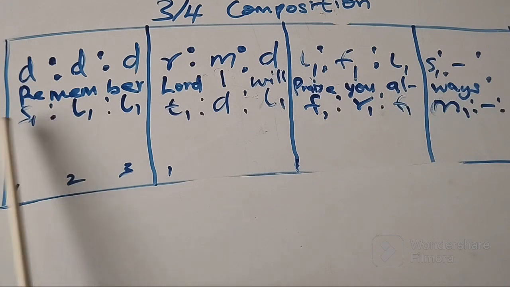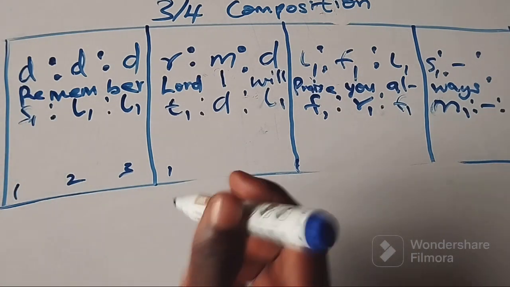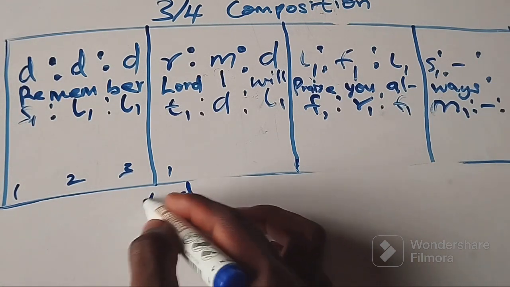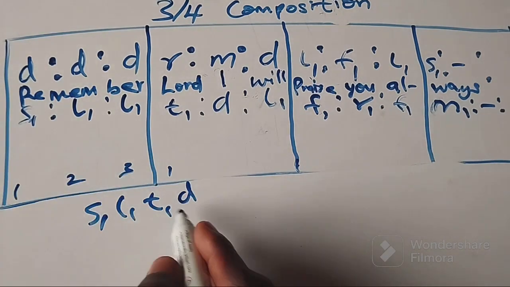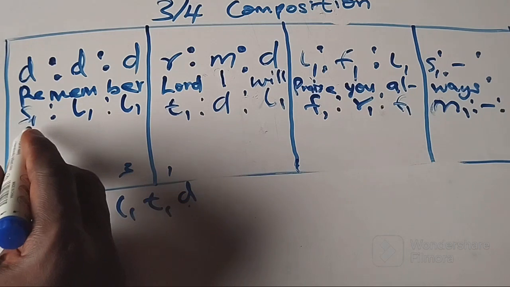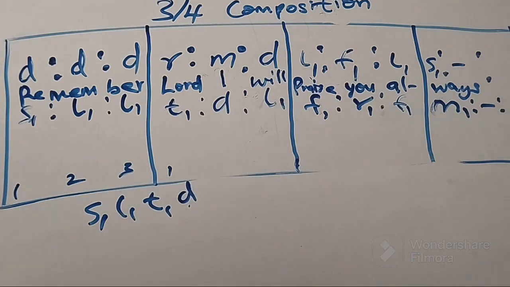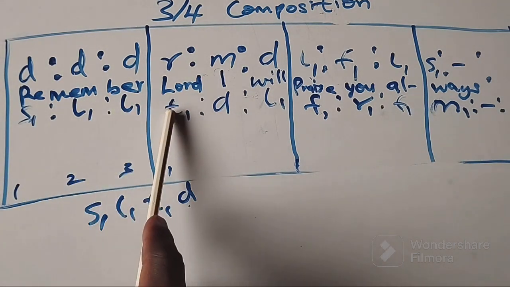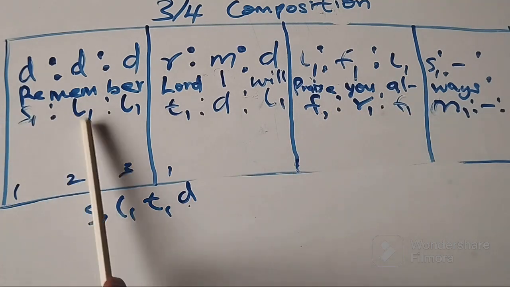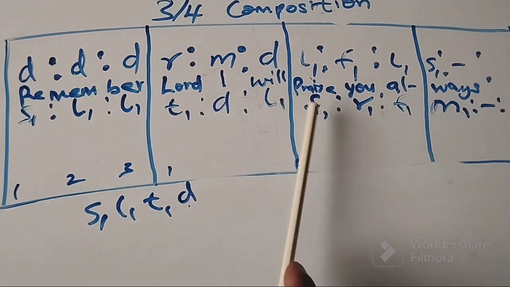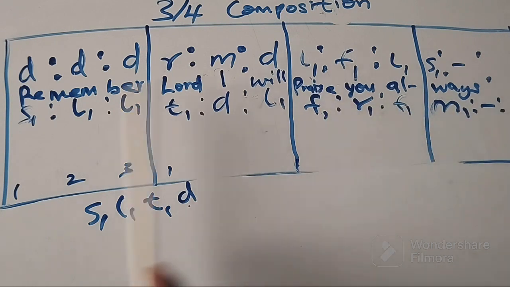Then alto is sol. Alto is do ti la sol. That is where they get their own. Do ti la sol. You pick sol. Sol la ti do la fa re fa mi.